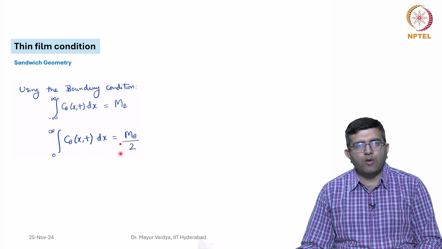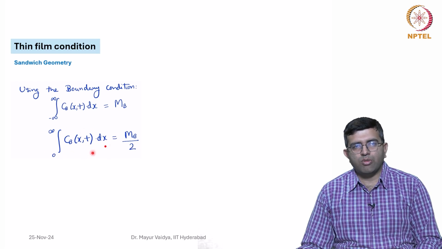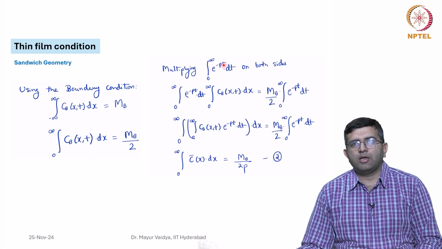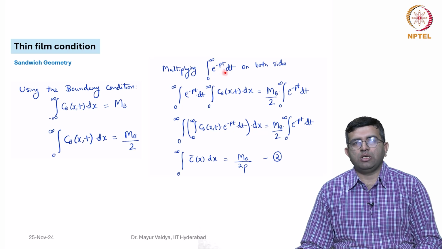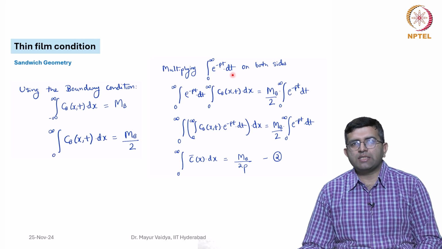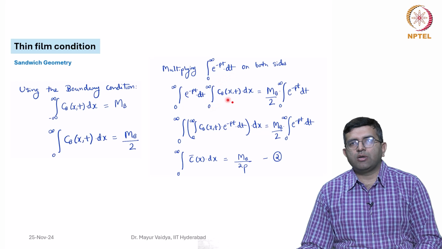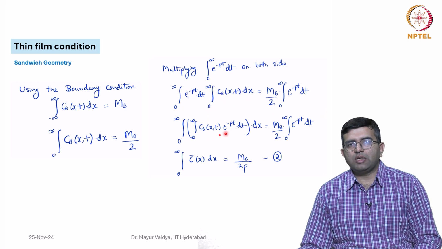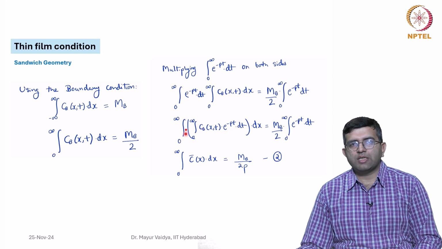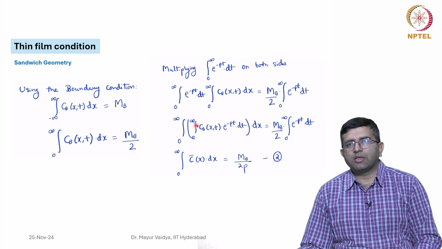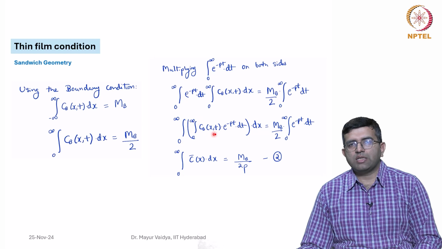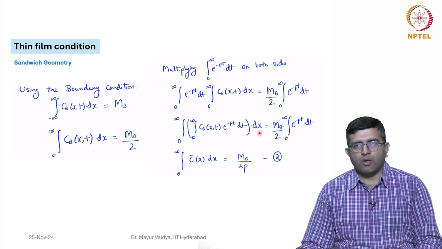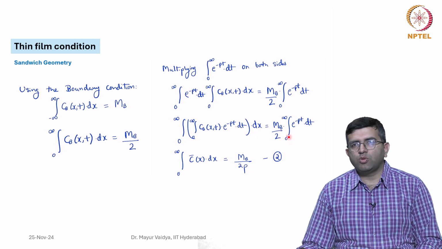Now this may look a little more familiar if you remember the Laplace transforms. So I multiply both sides by the kernel of Laplace, e power minus pt dt, and integrate from 0 to infinity.